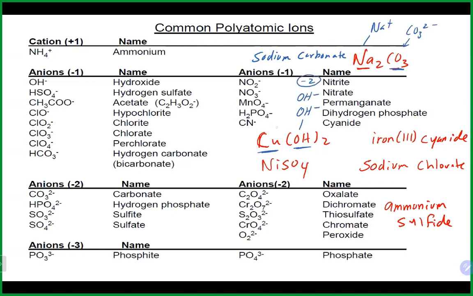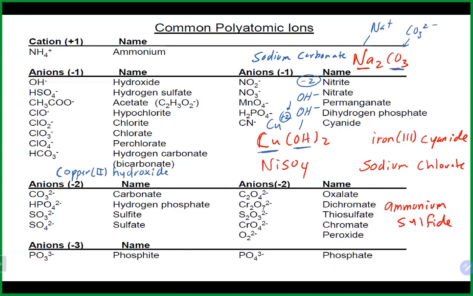We have only 1 copper, so to balance it out, it needs to be +2, and that means it needs a Roman numeral. I'll write it over here. That would be copper, Roman numeral 2, for the charge on the copper. Even though there are 2 of the hydroxides, it has no effect on the name, it would be hydroxide. Any questions on that one?